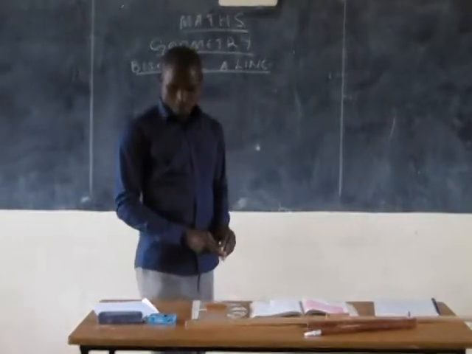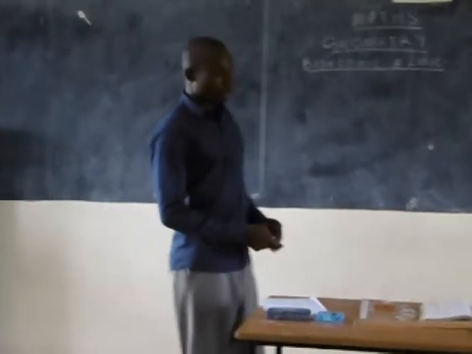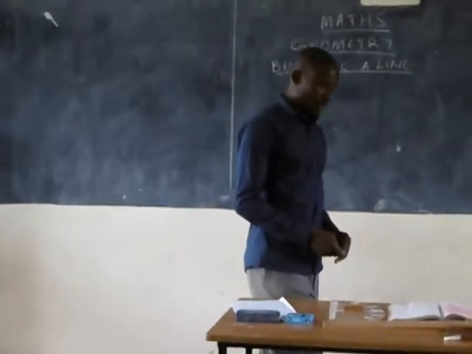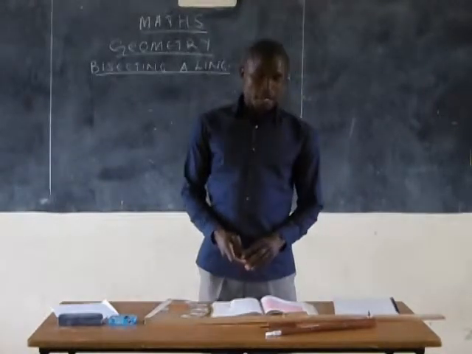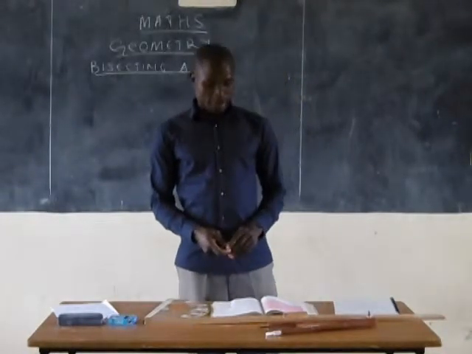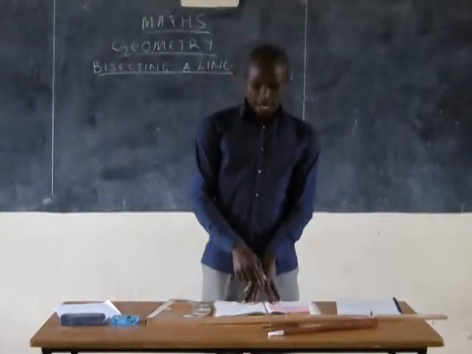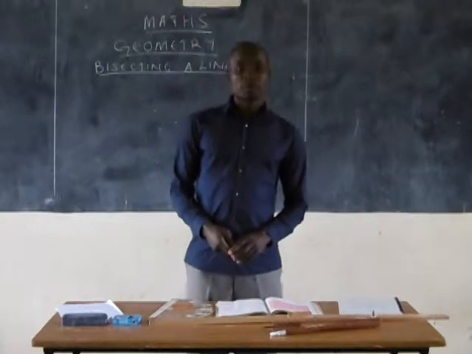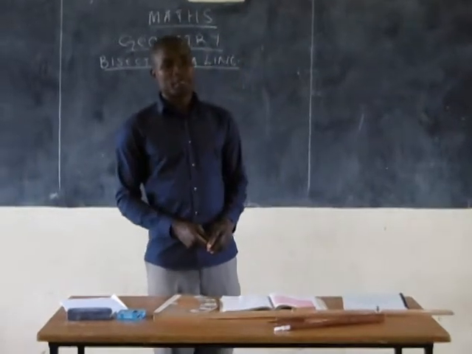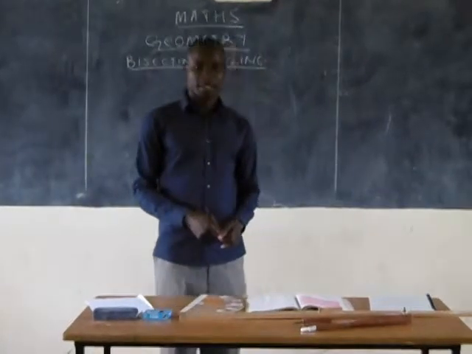Today we are going to learn, in mathematics, about geometry. Under geometry, we are going to learn about bisecting a line, on how to bisect a line. First of all, can somebody remind us what we did yesterday?